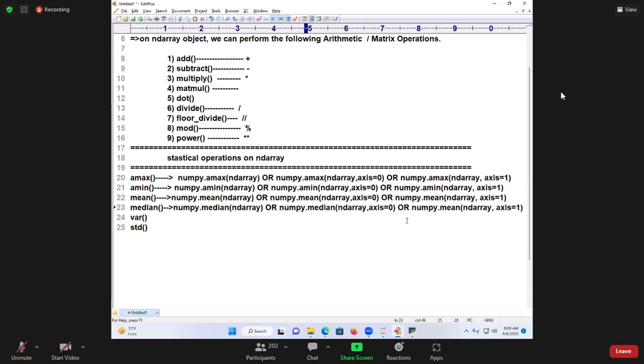That is called median. If the number of elements is even, that is also one meaning there. What will happen? The 2 center elements will be added and divided by 2. I hope you are following.